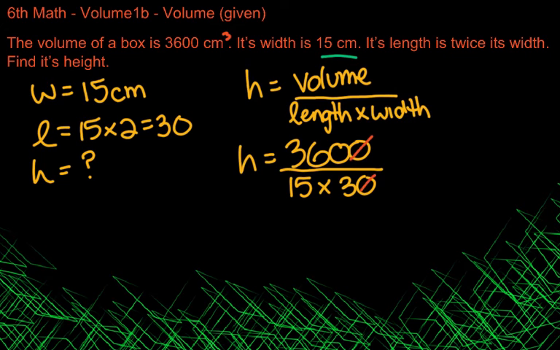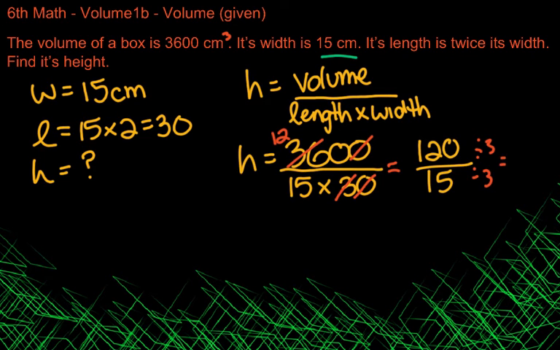I'm going to divide out one of those zeros. And I think I'll divide out this 3 with this 36 and make it a 12. So that's actually 120 in the numerator. So I'll rewrite that. 120 divided by 15. I think I'll divide by 3 on the top and the bottom.